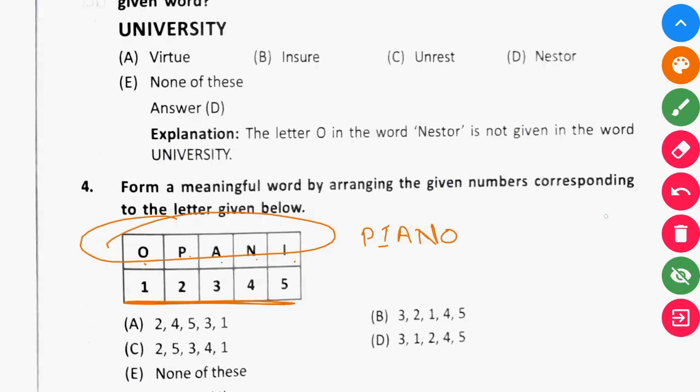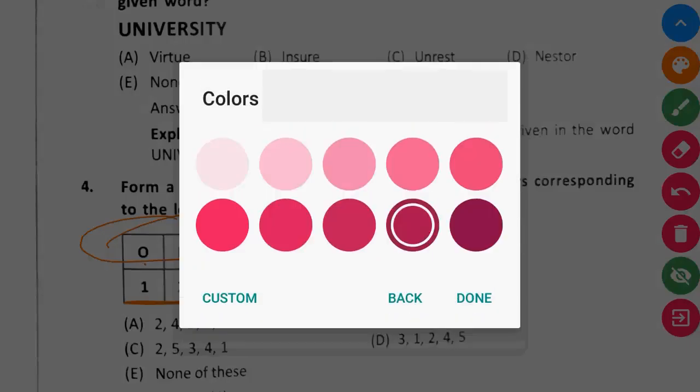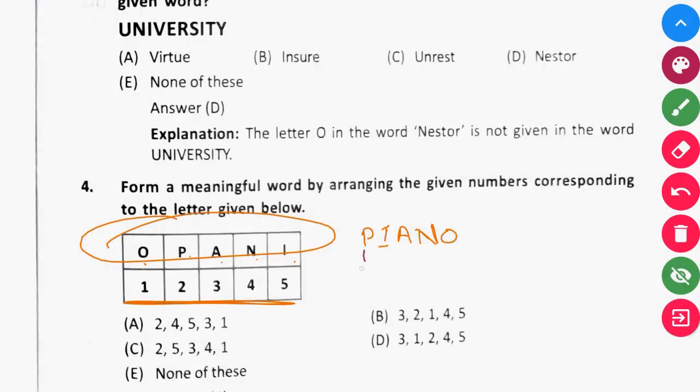Now which number stands for P? So it is 2. Which number stands for I? So it is 5. Which number stands for A? So it is 3. Which number stands for N? So it is 4. And O, 1. So your answer will be 2, 5, 3, 4, 1.